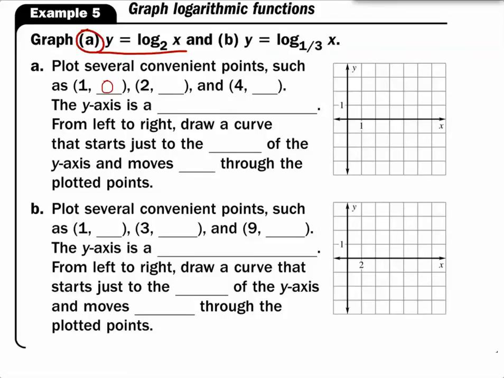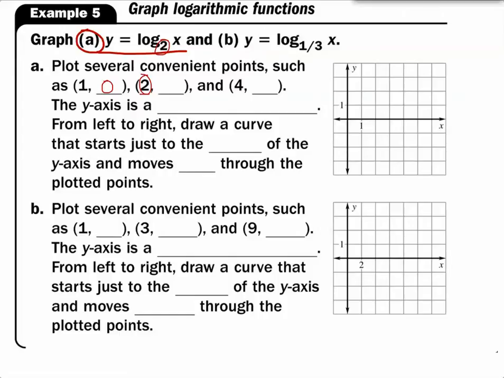Now for the next x value, they chose 2, and it's a very smart choice, because it's the same as the base of the exponent. Make your next x value be the same as the base. I could not emphasize that enough.